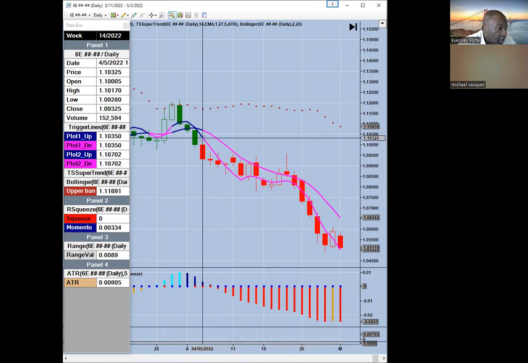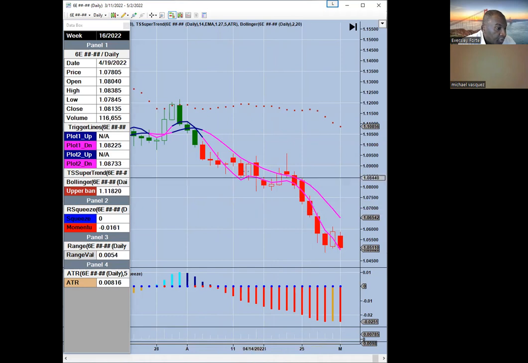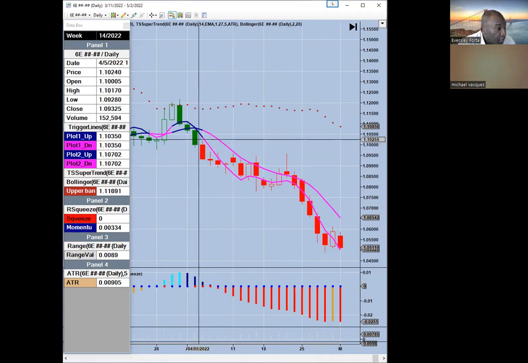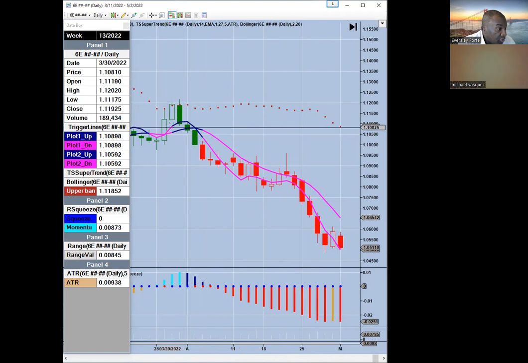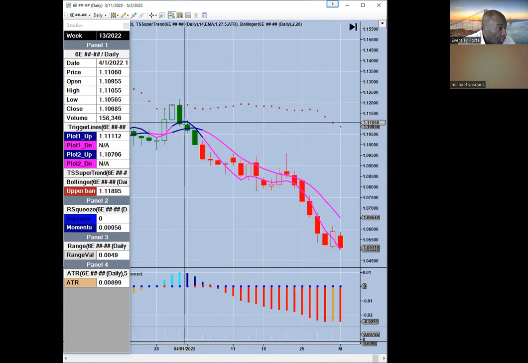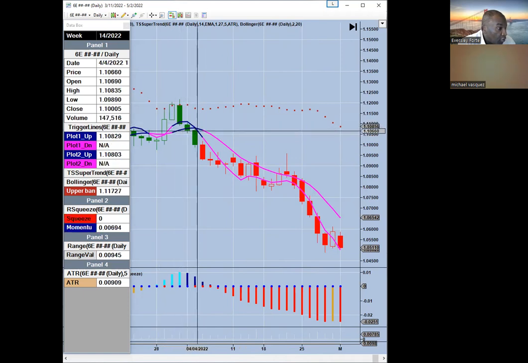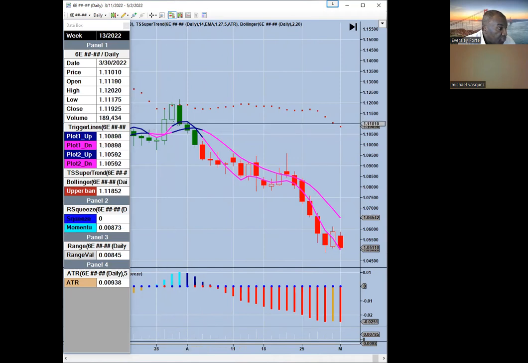These 2 lines are trigger lines. It's a linear regression line and a moving average of the linear regression. When this line crosses above this one, that's a bullish cross, and this is plot 1. When plot 1 crosses below plot 2, we're in a bearish cross.